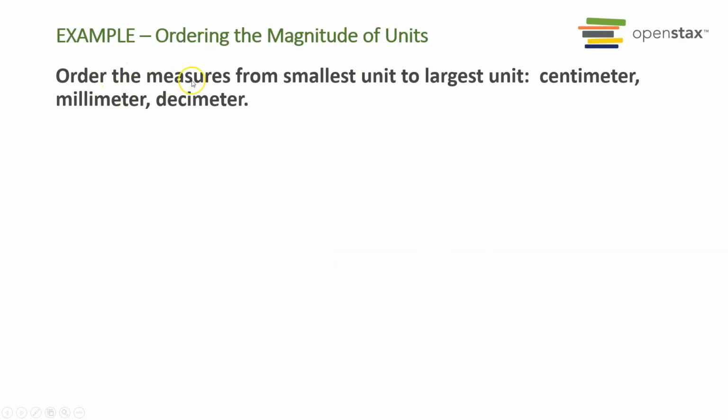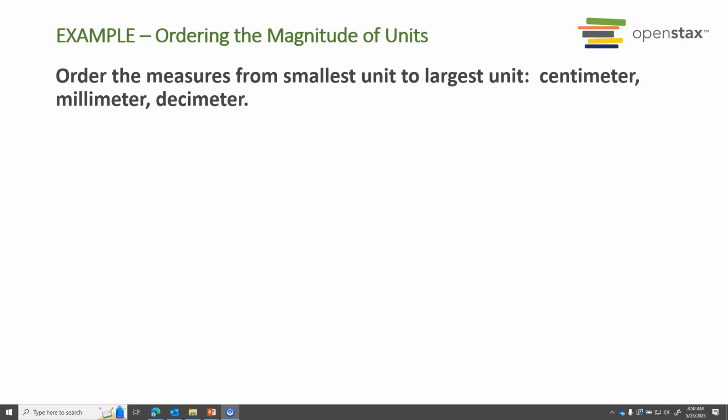So for example, what is the order from smallest to largest of centimeters, millimeters, and decimeters? So maybe it would be nice to label. So we've got centi here. So remember, centi is 10 to the negative 2. And here we have milli. And milli was 10 to the negative 3. So I made a mistake. Centi is 10 to the negative 1.